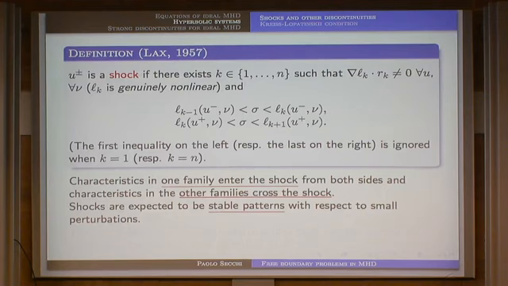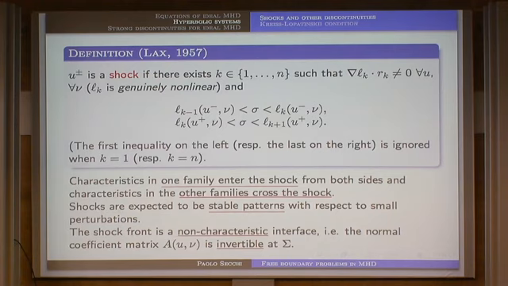And also, sigma is always different from the eigenvalues. So the matrix coefficient, the normal derivative A(u, nu), has eigenvalues always different from sigma. Sigma determines the plane of discontinuity.